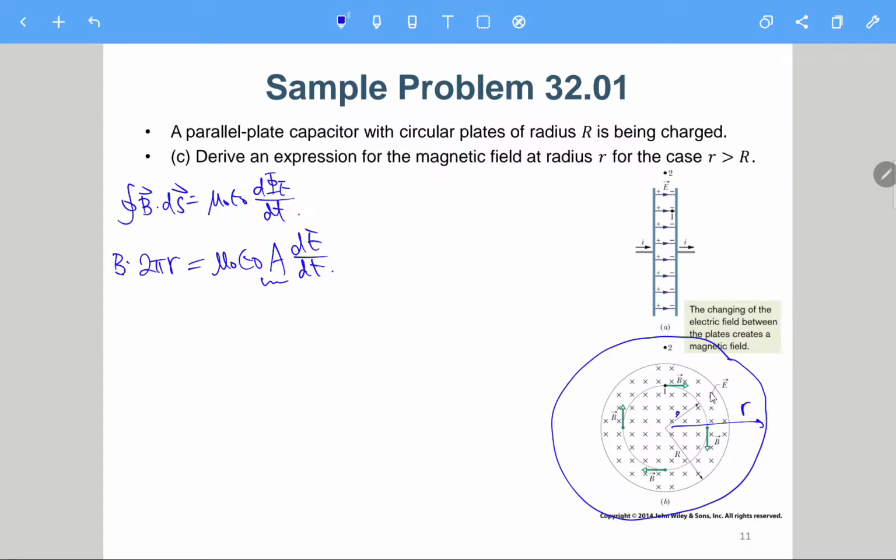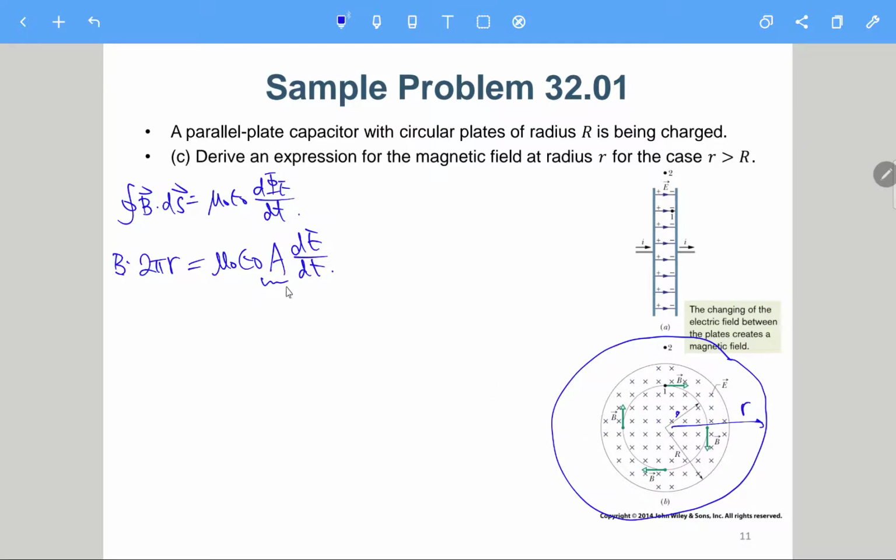Because when we consider the electric flux, there's only electric flux inside the capacitor plate. There is no electric field outside the capacitor plate. At least we assume this, that there are no fringe effects, so there is no electric field outside.